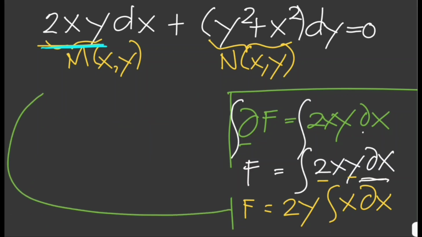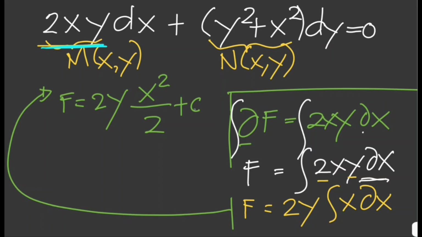And now the integral of x dx is just x squared over 2 plus c. Since we are going to solve df with respect to dx and df with respect to y, we will have two constants at the end of the solution.